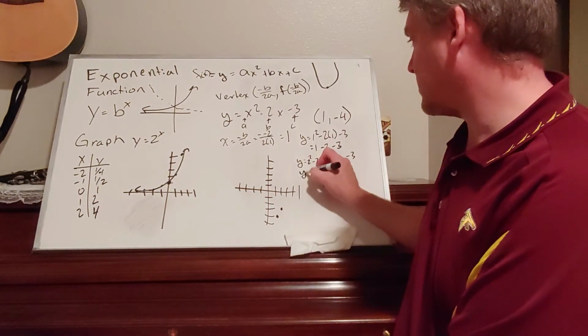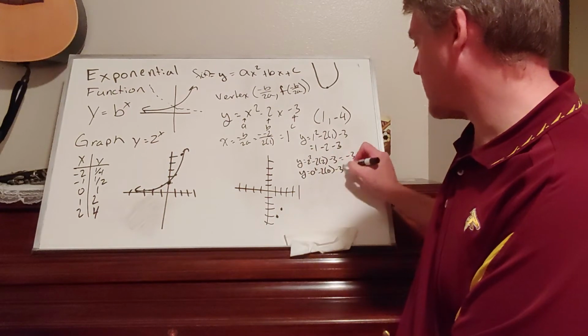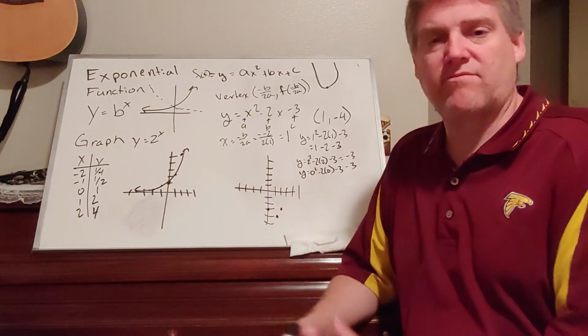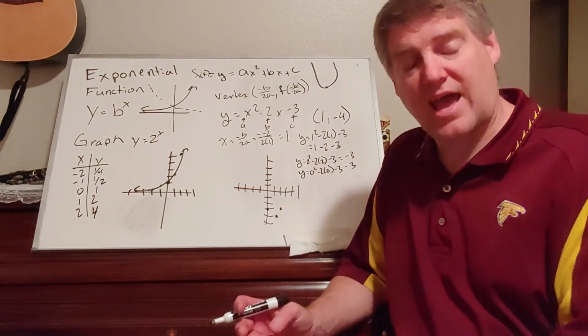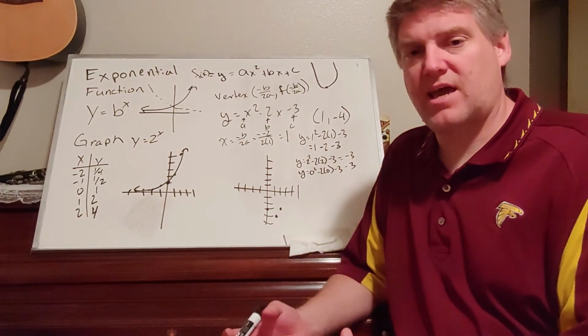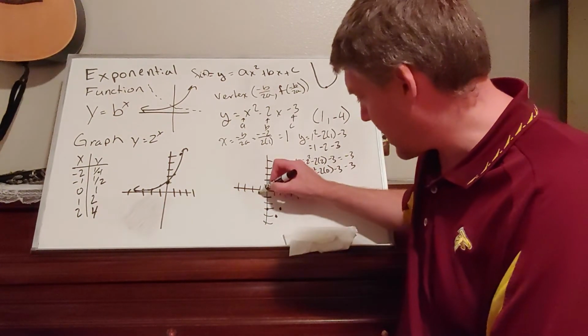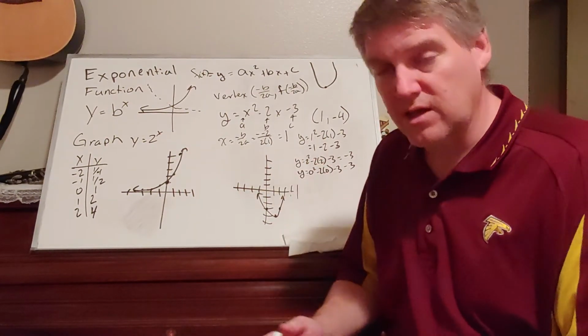Now if I plug in 0, I get 0 squared minus 2 times 0 minus 3, which is also negative 3. I actually now have 3 values. I have my vertex, which I have to find, and then I have a value on the right of it and a value on the left of it. So I can now graph this and get a good idea of what this is going to look like.